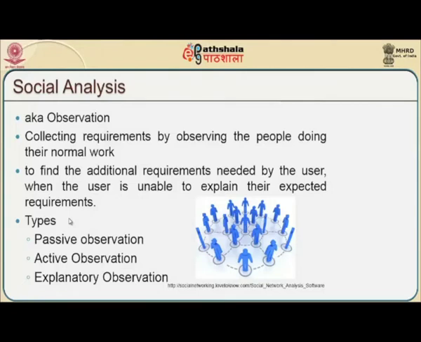This social analysis can be taken up over different types, like passive observation. We are situated at one location, we analyze very passively. Then we actively observe them. We get in touch with them, we ask them a questionnaire, we go along with them, we collect the different requirements from them, and there will be explanatory observation also.